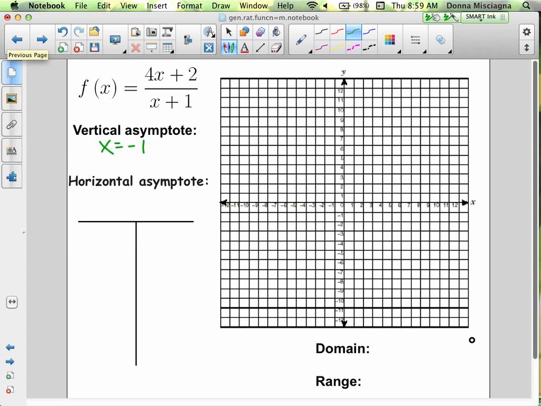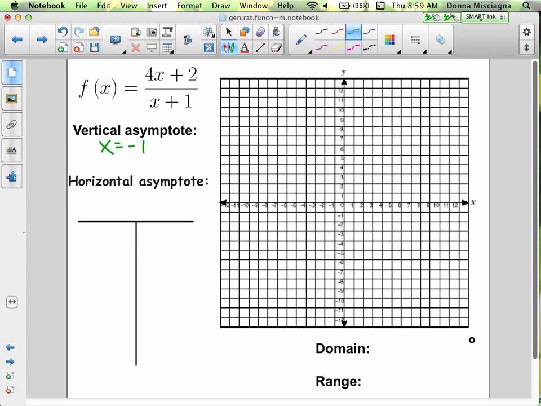Anybody have blue? What's the horizontal asymptote today?